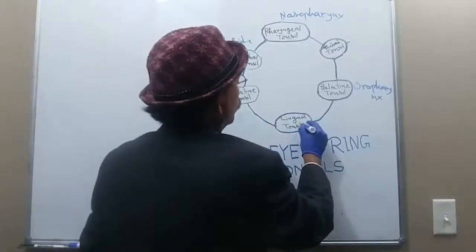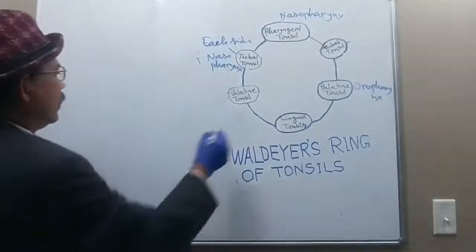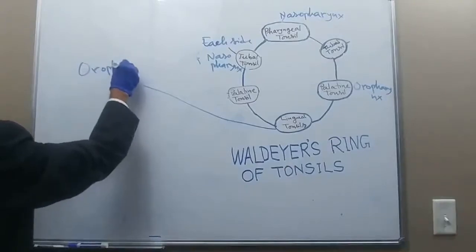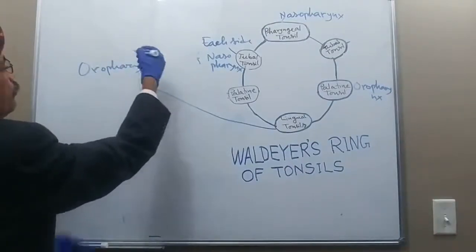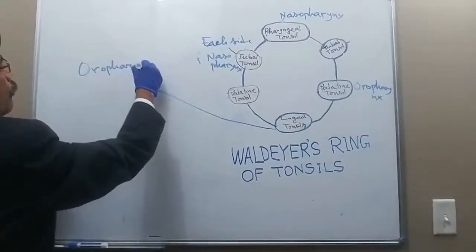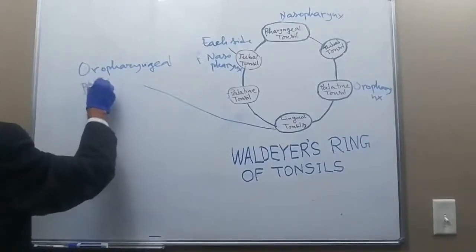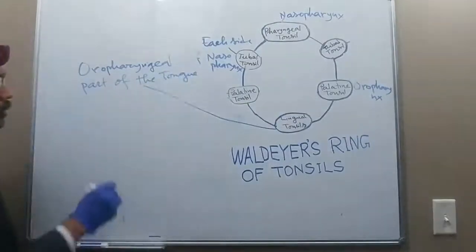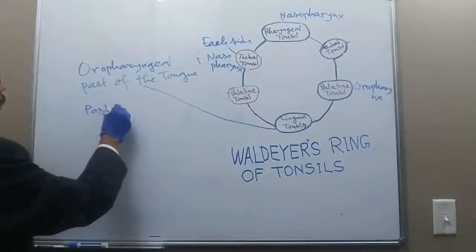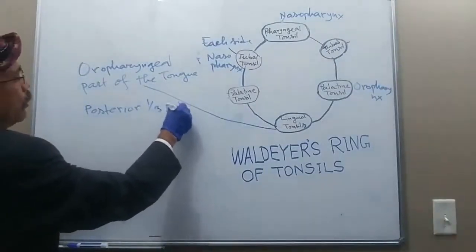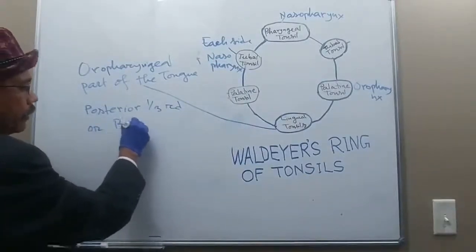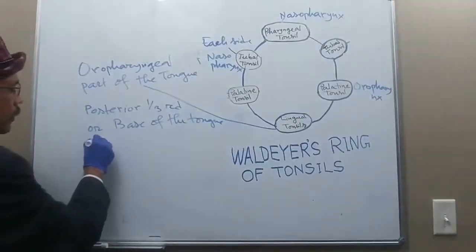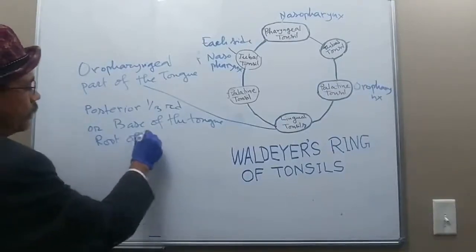Then we'll go to the lingual tonsil. Where is it located? The lingual tonsil is again in the oropharynx, in the oropharyngeal part of the tongue, the posterior one third or base of the tongue, also called the root of the tongue.